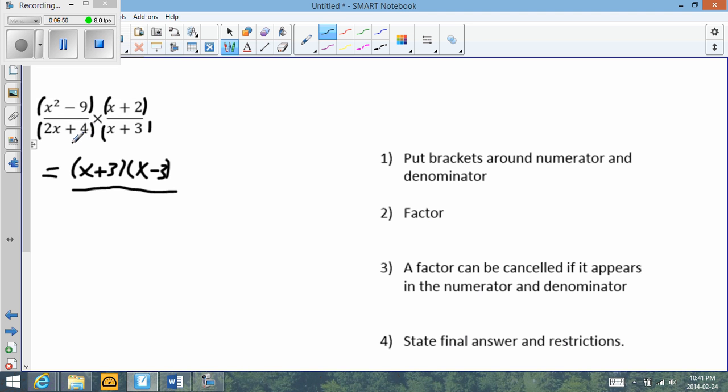That is a case of common factoring. What can I factor out? Yep, you are correct. Whoever said 2, pull the 2 out, and x plus 2 is what I'm left with. And I'm left with times x plus 2 over x plus 3.